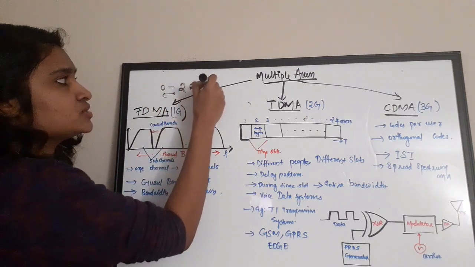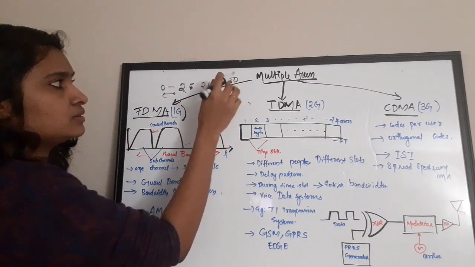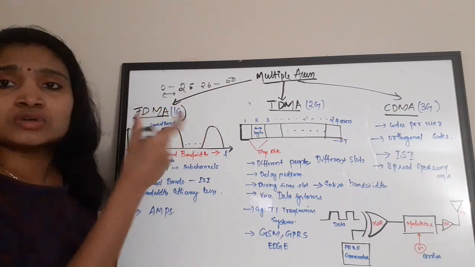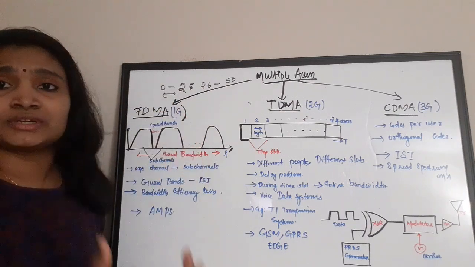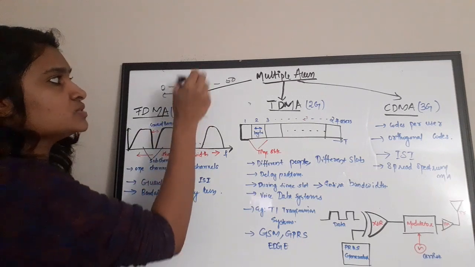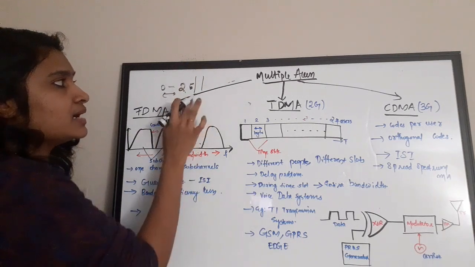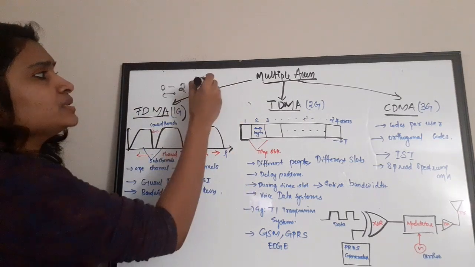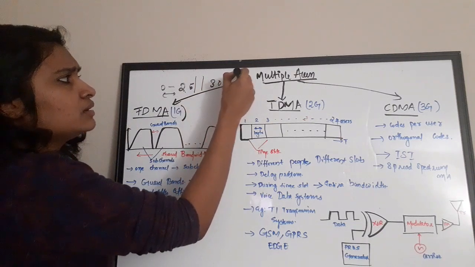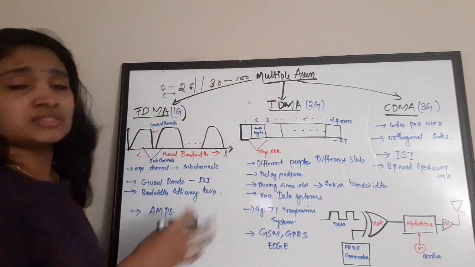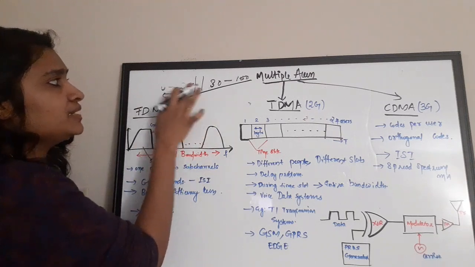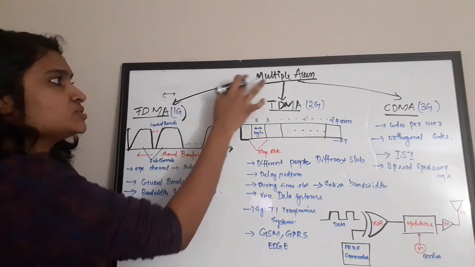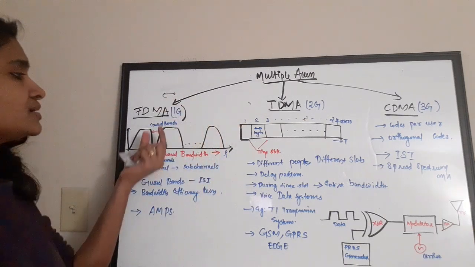If 26 to 50 is allocated to the next user, 25 and 26 are closely related, so there can be interference. To avoid it, we use a guard band, and the next frequency range won't start immediately after. It will start from around 30. So there is a guard band between the sub channels to avoid interference.